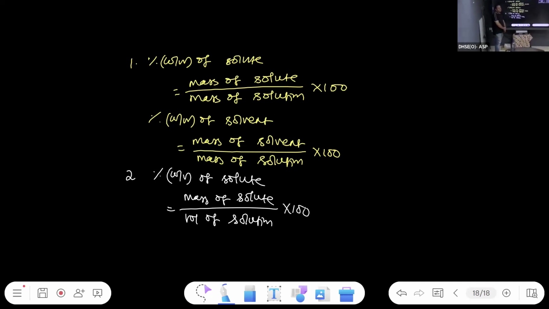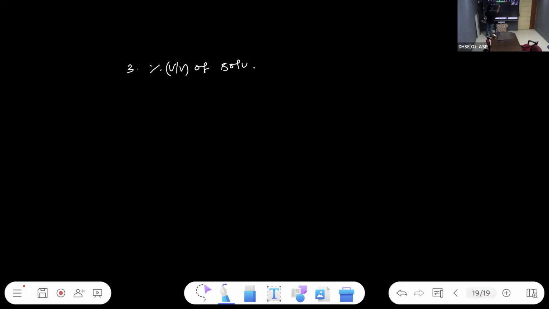Now we express percentage when the quantities of solute and solvent are comparable, like 5 gram and 20 gram, or 2 gram and 8 gram. In such cases we write percentage weight by weight, percentage weight by volume, and next is percentage volume by volume. Third, percentage volume by volume of solute, that is volume of the solute divided by volume of solution into 100.